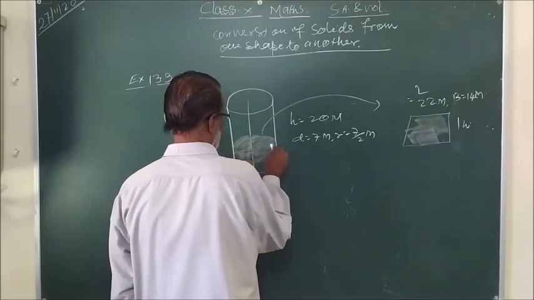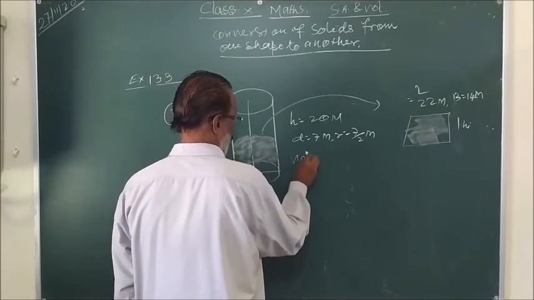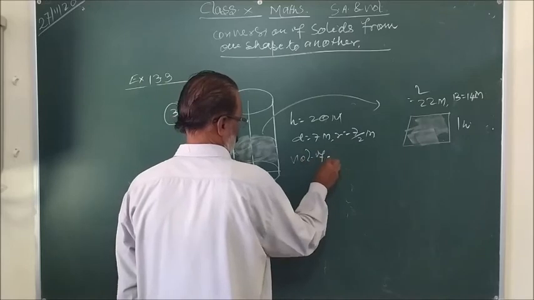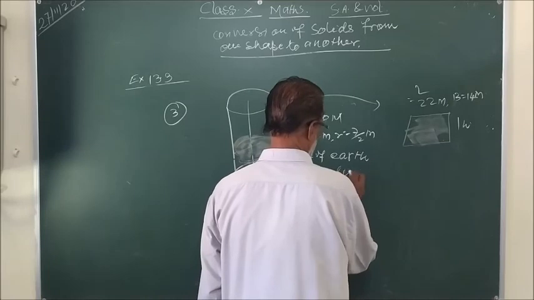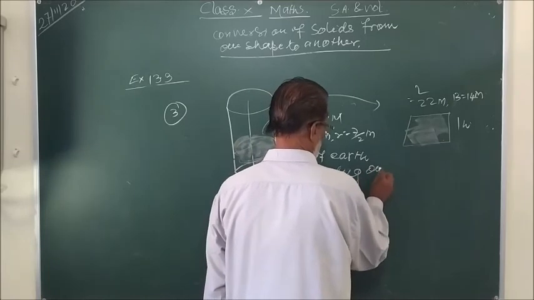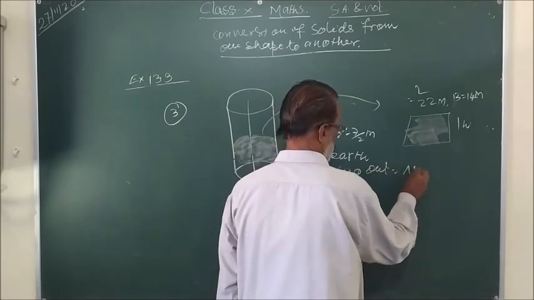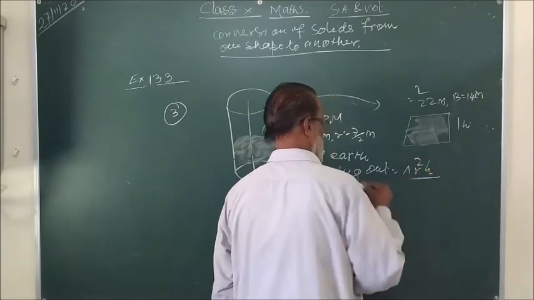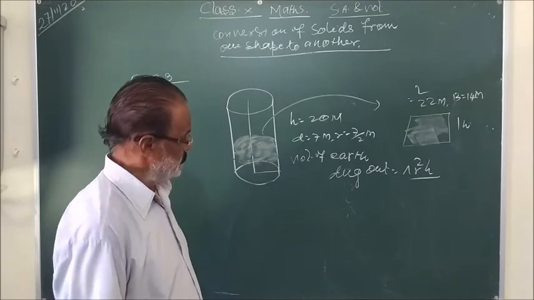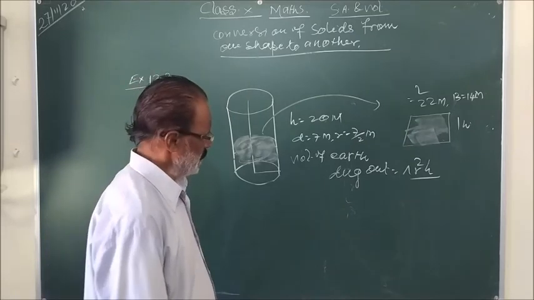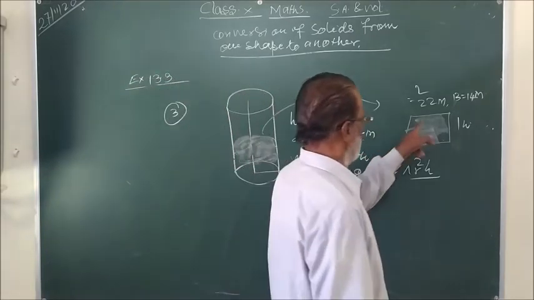First you find the volume of earth dug out from the well. That formula will be pi r square h. If the question arises, why? Because the well is in the shape of a cylinder. And that volume will be here.